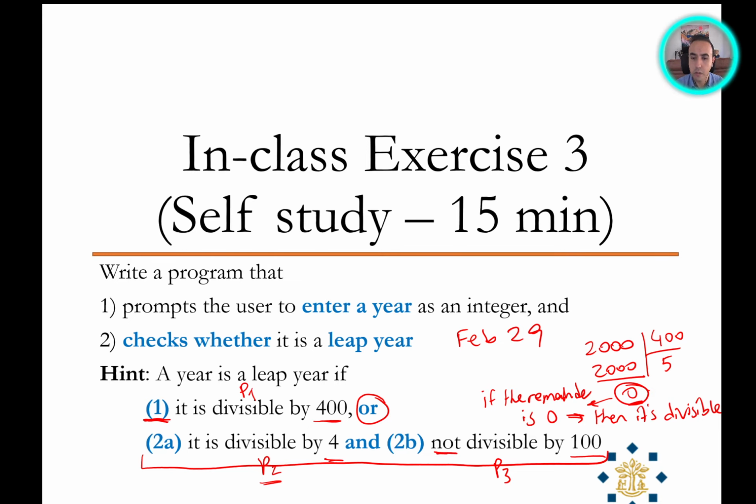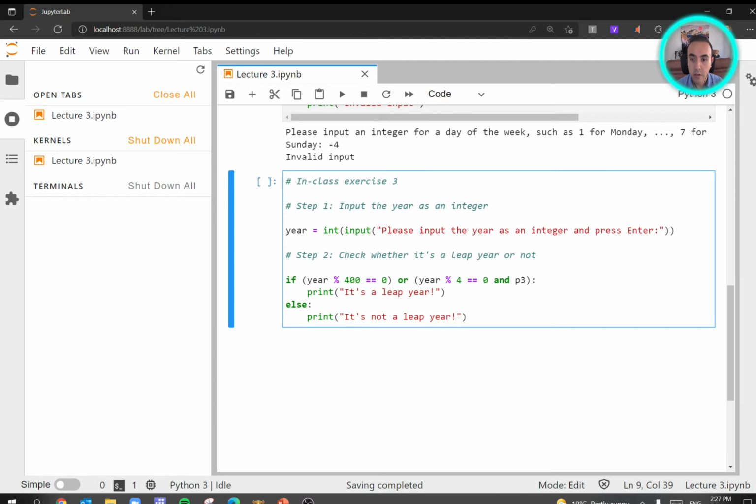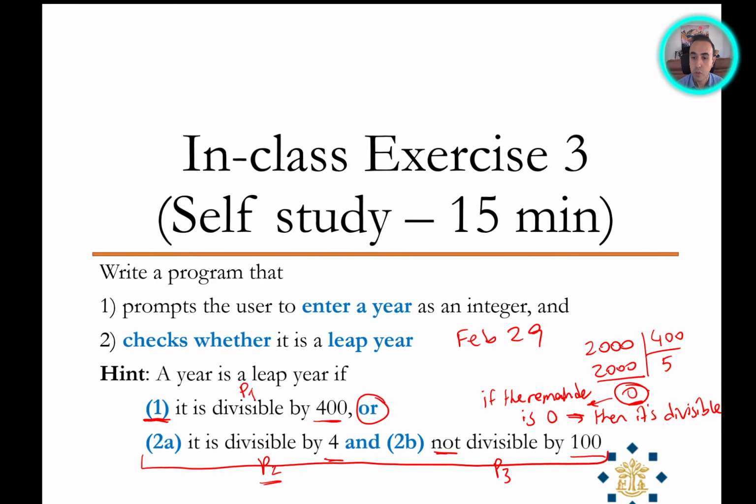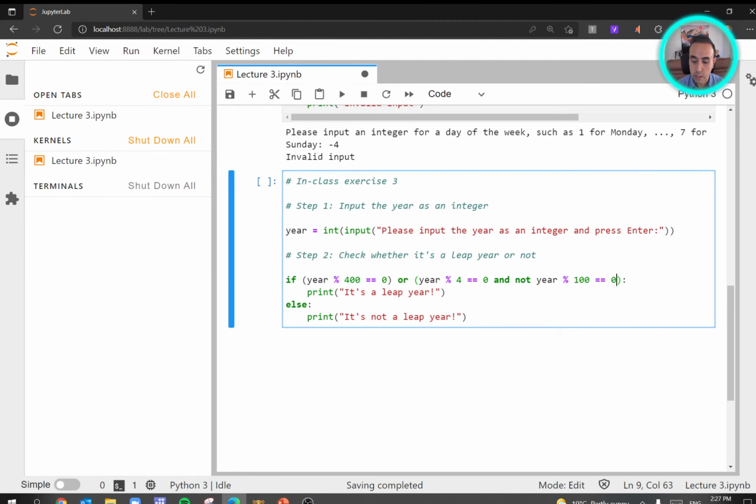We can actually do it in multiple ways. Instead of this, we can write not divisible by 100, so this is divisible by 100 and we have not in front.